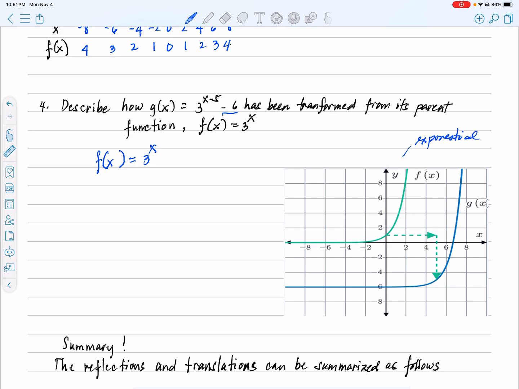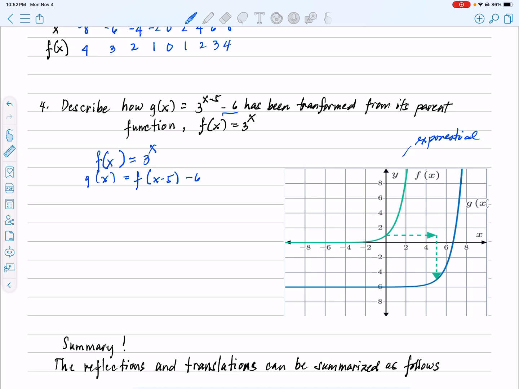So 5 is subtracted from the input value of x, x minus 5. Right? So we can write that g of x is f of x minus 5 minus 6.